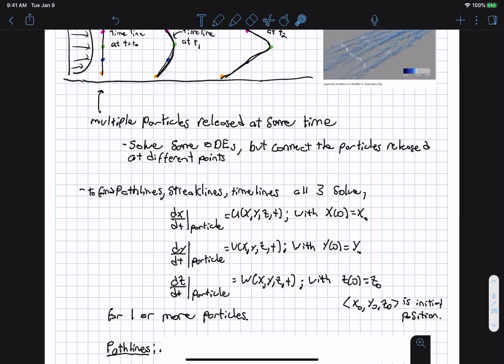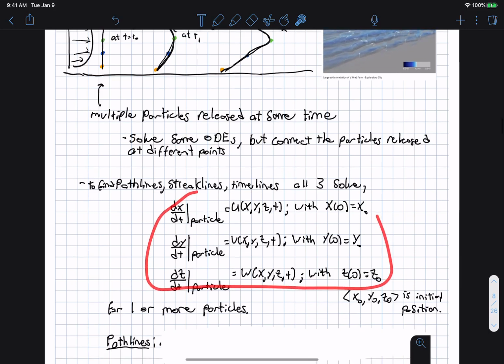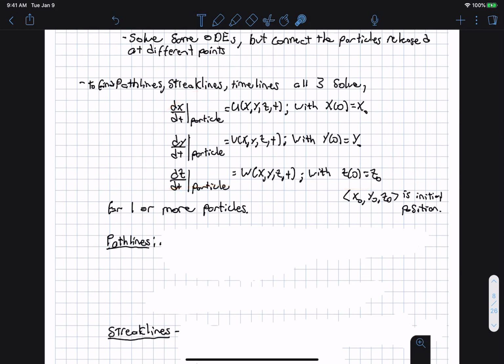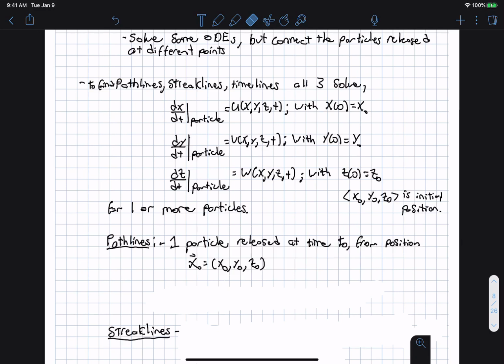And so to be a little more explicit here, for all three of them, we basically solve these ODEs here. And now how you use the solution: to find a pathline, you consider one particle that is released at time t naught from some position x naught, y naught, and z naught.